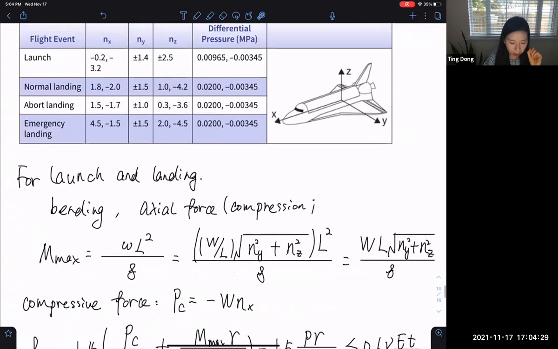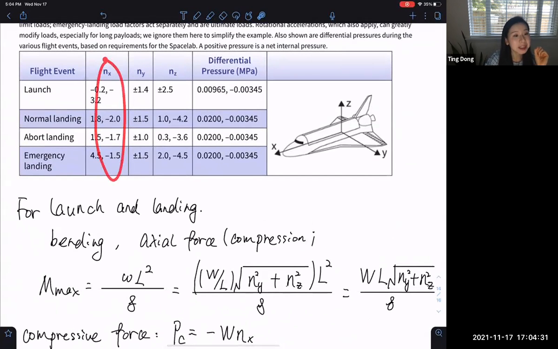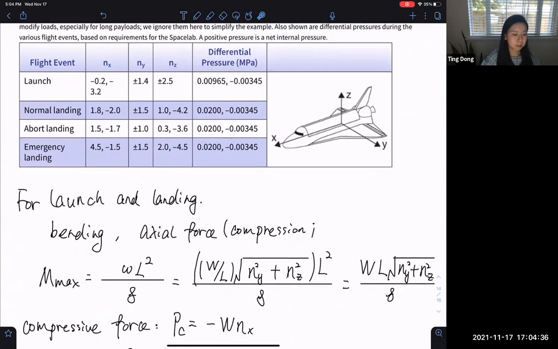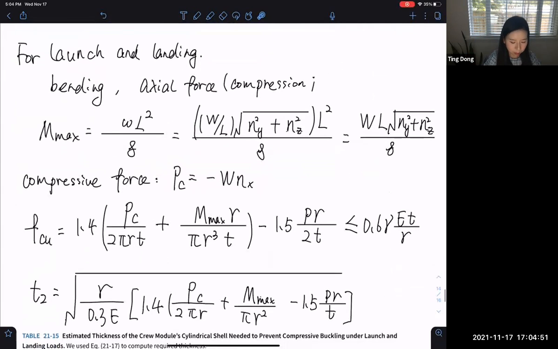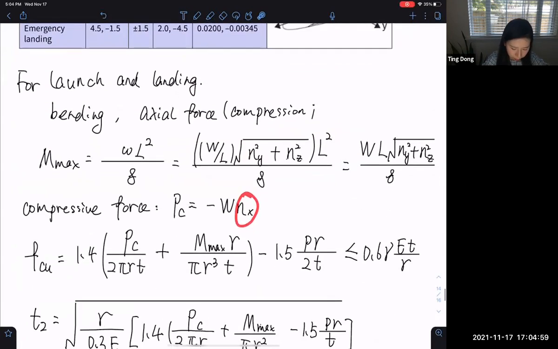Also, there is a load factor in the X direction during the launch and during the landing. That is a pure compressive force, right? Let's say we have force in the X direction. This compressive force will cause a compressive stress, and we consider it as P over A. Because the load factor is given as a negative value, when you calculate, you know what it means.